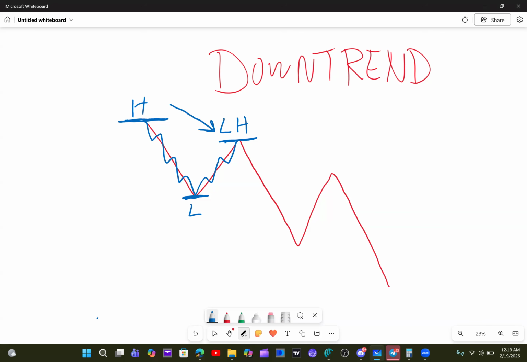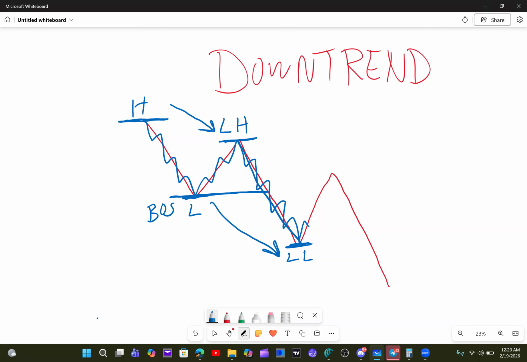Then it's going to make a lower low right here, on the low side of the candles but lower than that previous low. Same thing: as it's coming down and it breaks this low point, you're going to get a break of structure, or BOS.